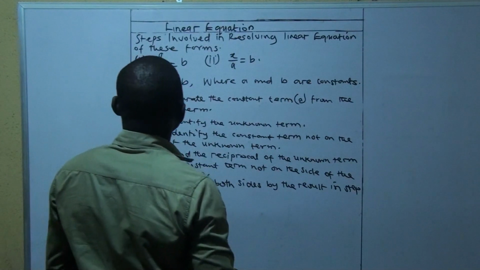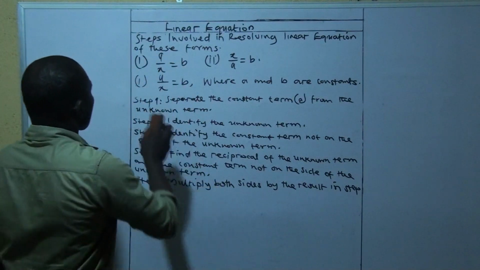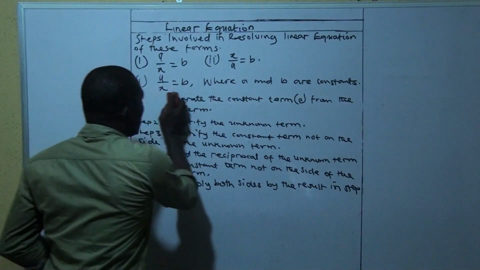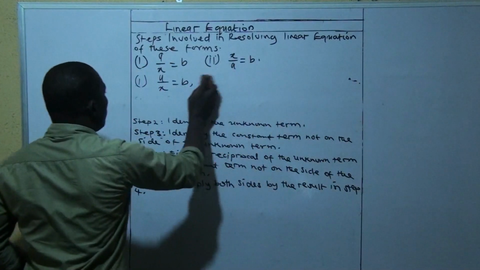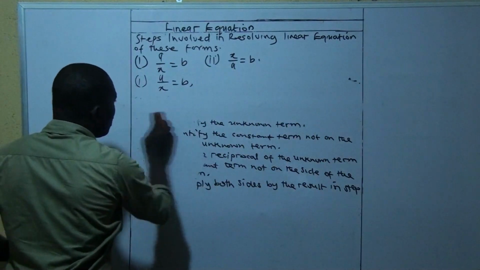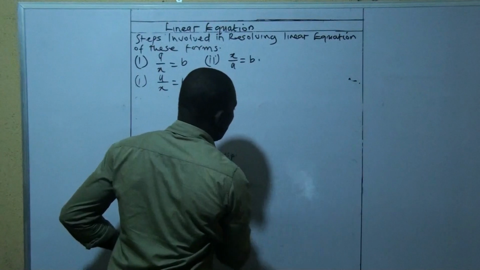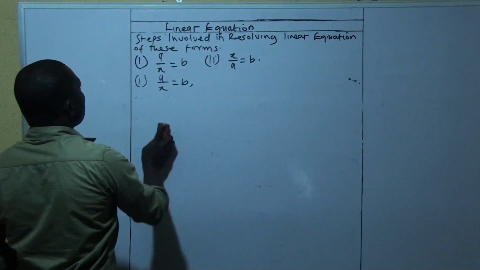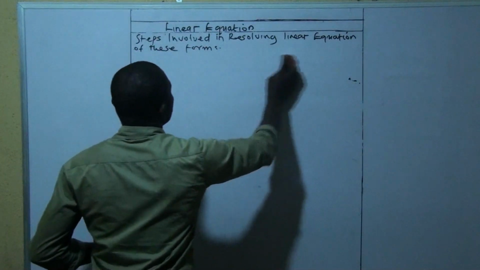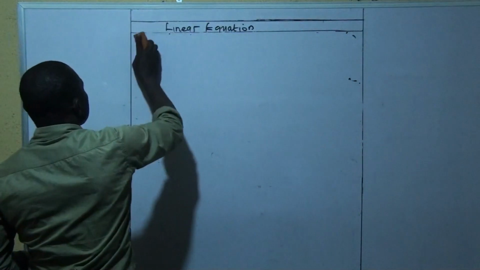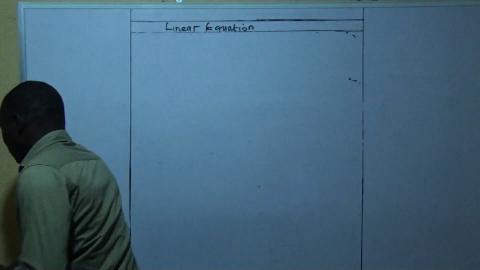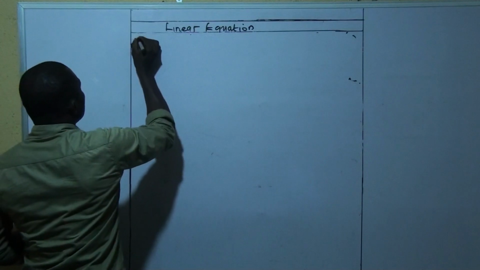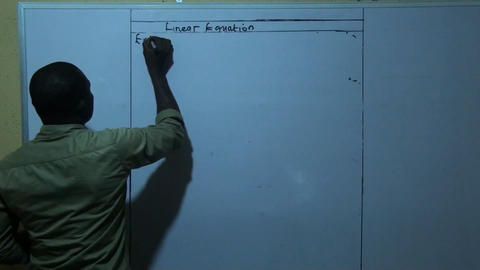Now quickly, let's follow these steps and see how we can resolve a linear equation of this form. So basically we are going to look at an example. Example 1.